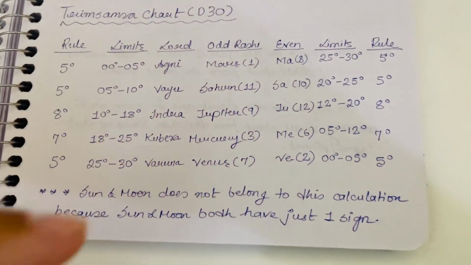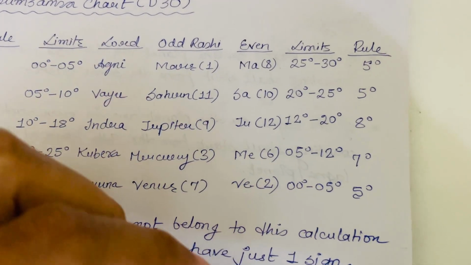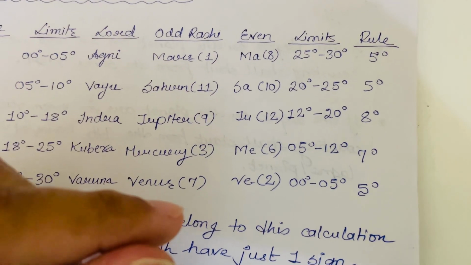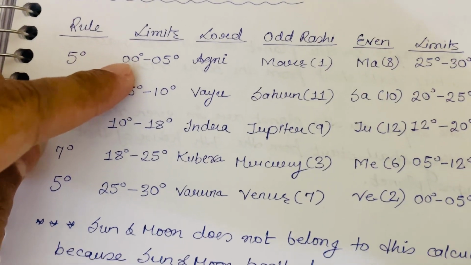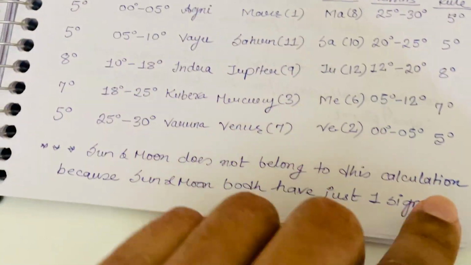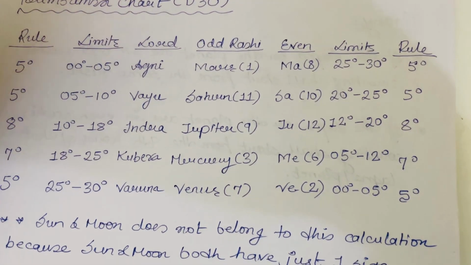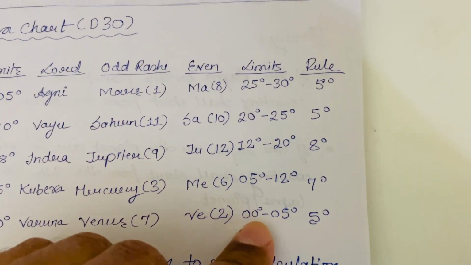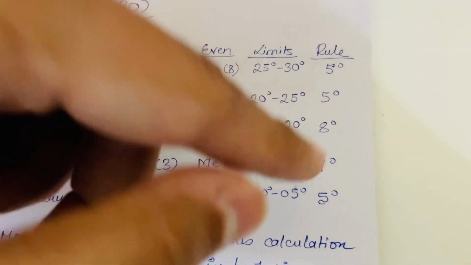The only difference in the even Rashi is that we start from 0 degrees from the last 5 degrees. So here we started from here, and in the even Rashi, we start from here, if I want to tell it in a very simple way.